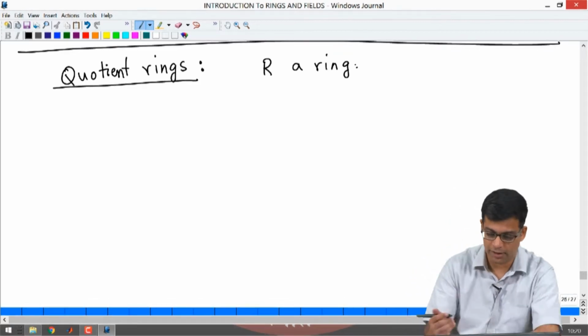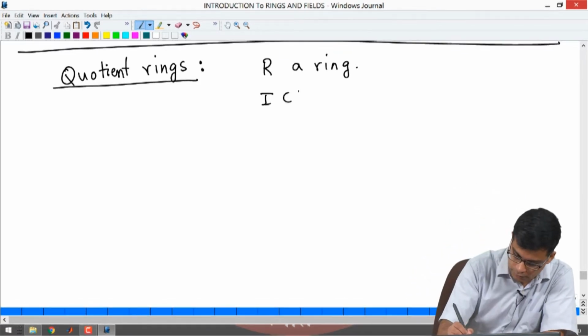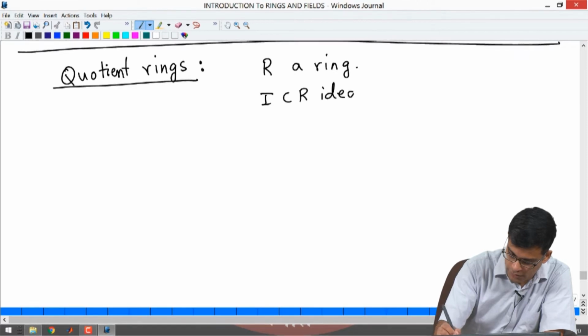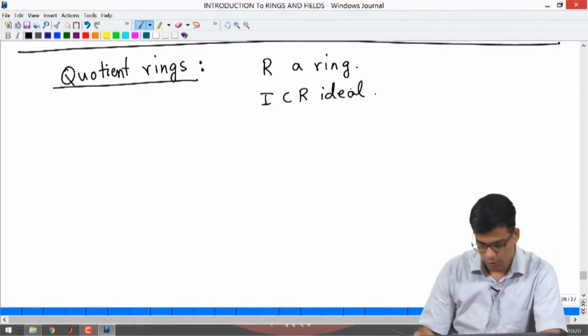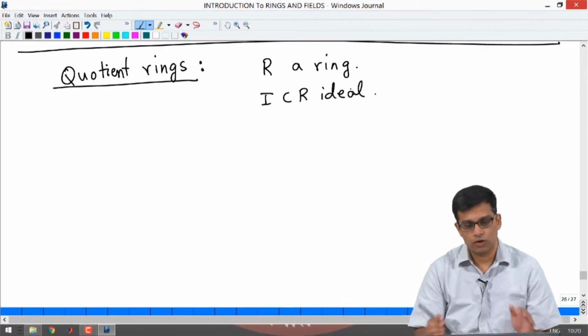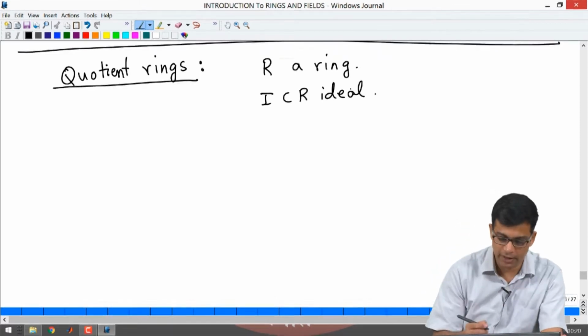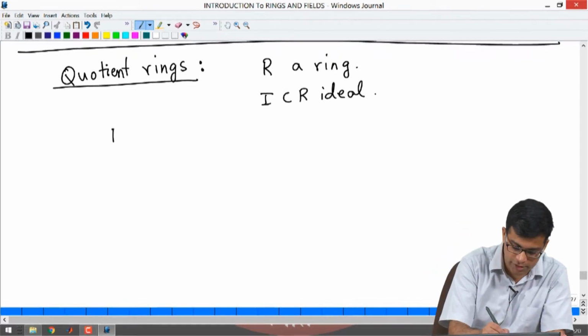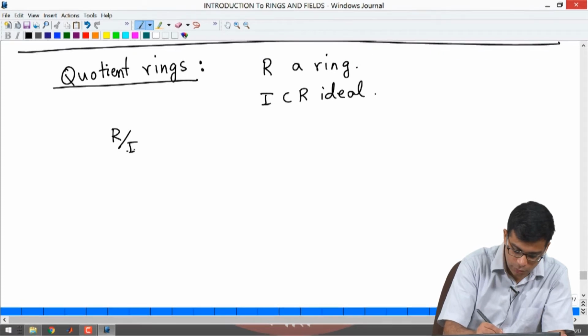So, all we need is an ideal. Ideal will do the job for us. So, I is an ideal. So, consider R mod I, exactly what you are used to in the case of groups.